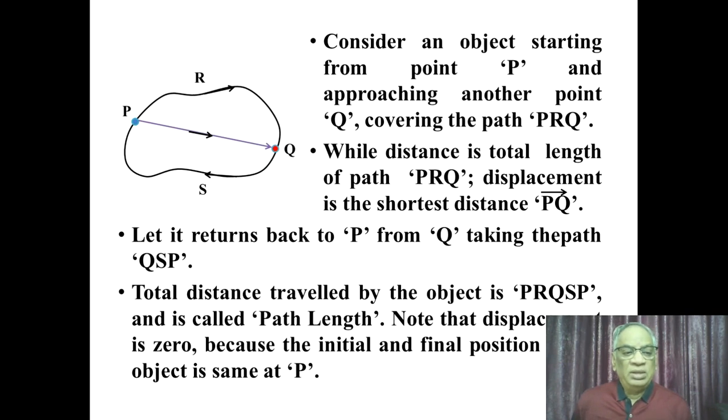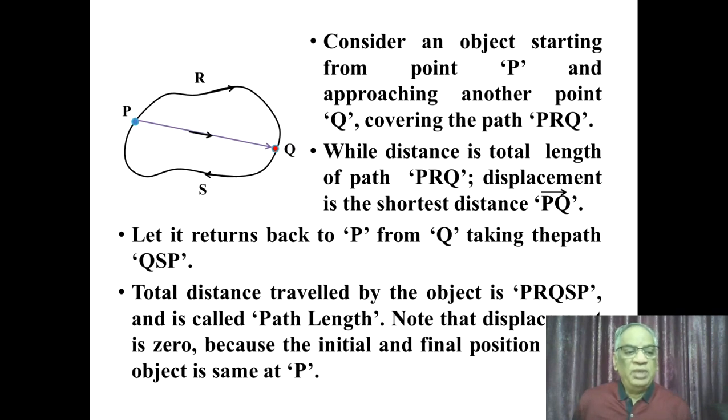Distance is PRQ, the total traveled path. Suppose the body from point Q returns back to P taking another route QSP. Then the total distance traveled by the body from starting point P going to Q and then returning back to P is PRQSP.